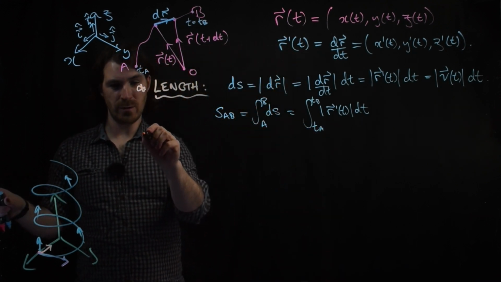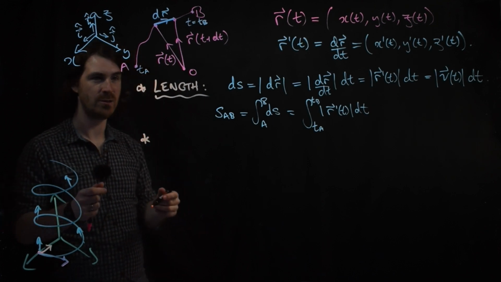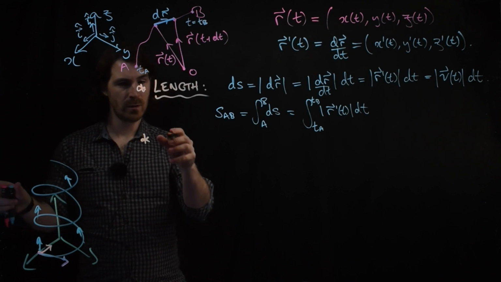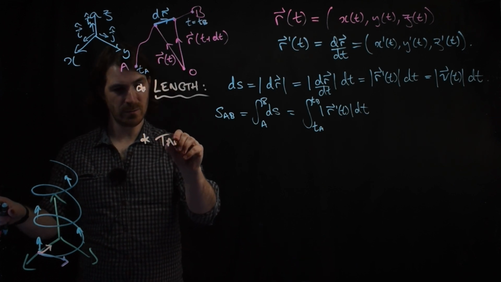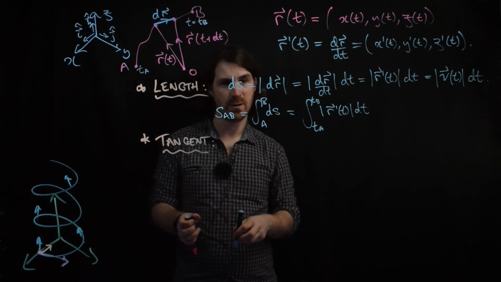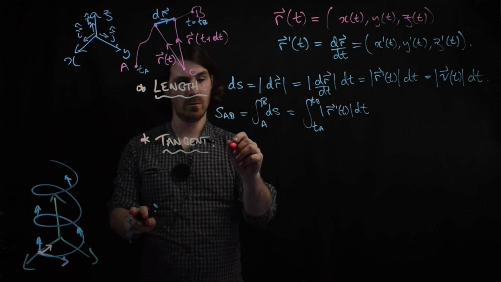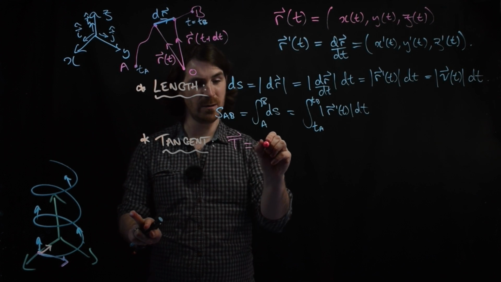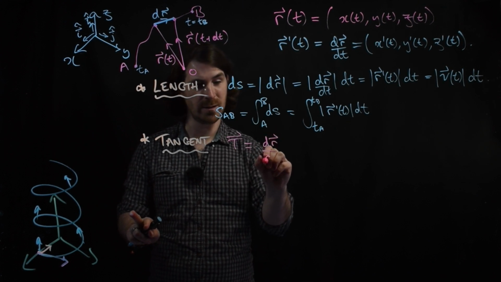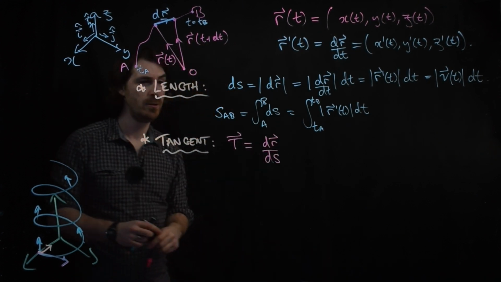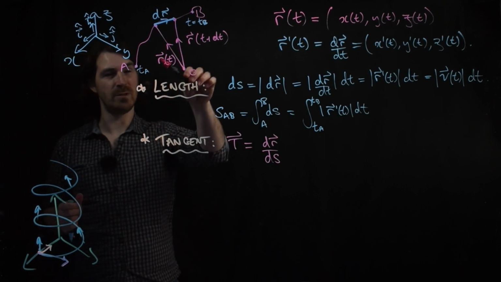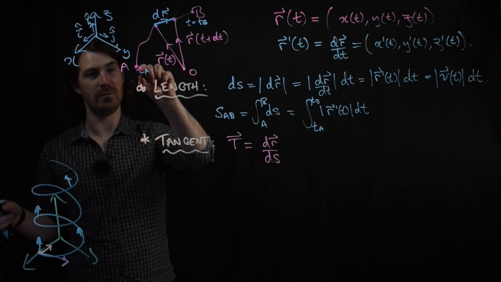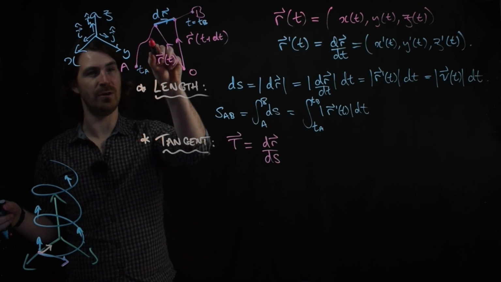Then we thought about these three vectors, the tangent, the normal, and the binormal. So let's think about the tangent first. This tangent vector, we called it t, and it was defined as dr by ds. So we can parameterize our curve in terms of t or in terms of s, and s just moves us along the curve, like it literally walks us along the curve.